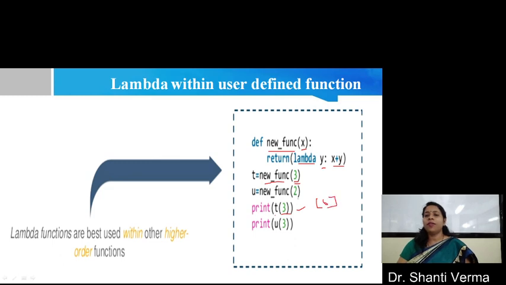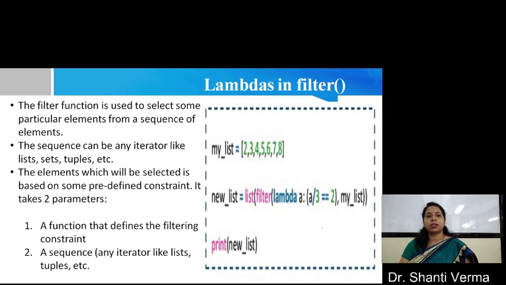But if I call this new function and pass the value 2, then x equals 2 and y equals 3, then the value is 5. So lambda functions are best used within other higher order functions.